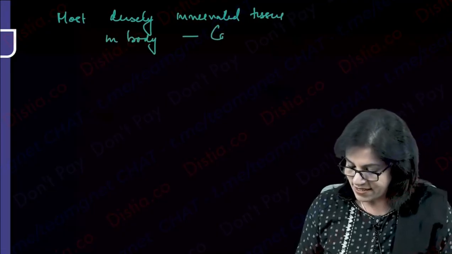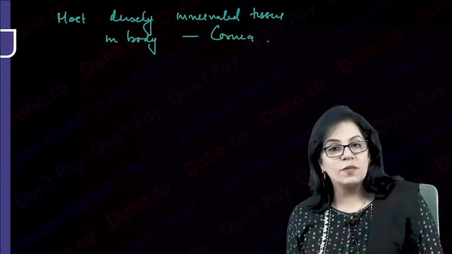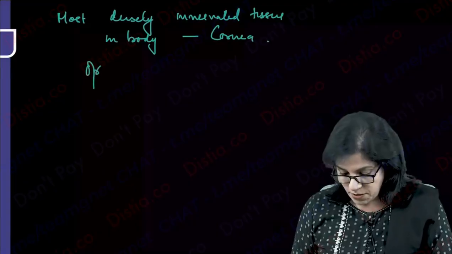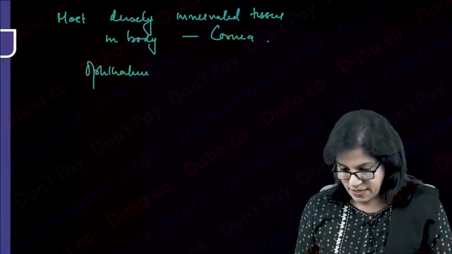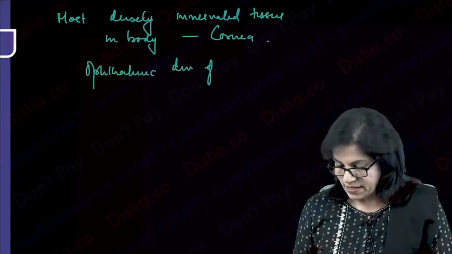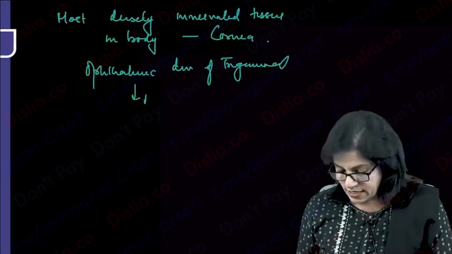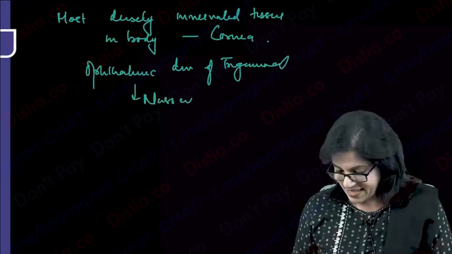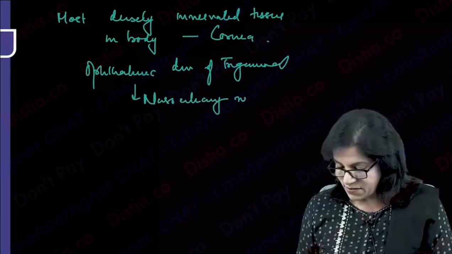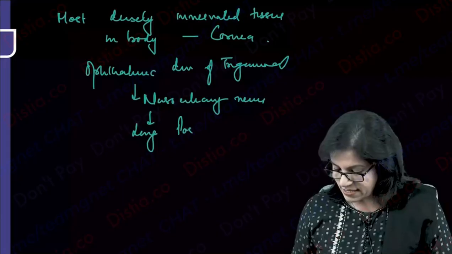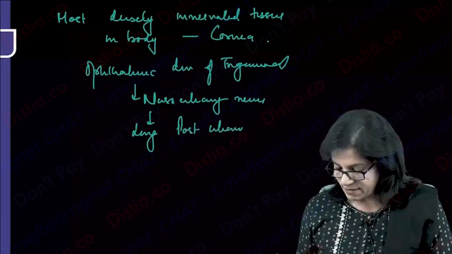Where is the nerve supply from? The sensory supply is the trigeminal. From the ophthalmic division of the trigeminal, the next branch that we follow is the nasociliary nerve. This nasociliary nerve gives rise to the long posterior ciliary nerve, and this supplies the cornea.